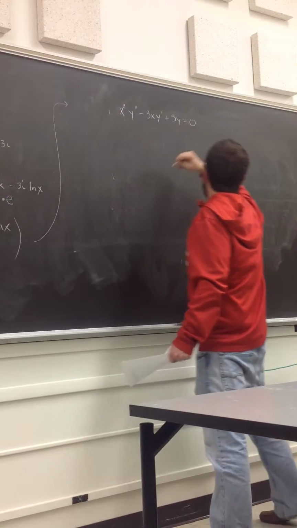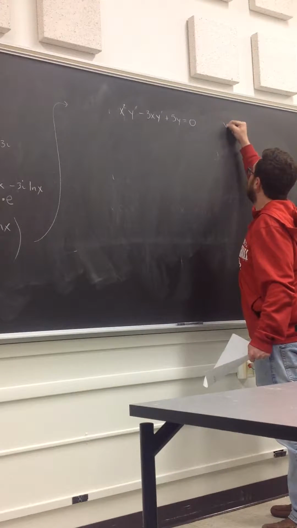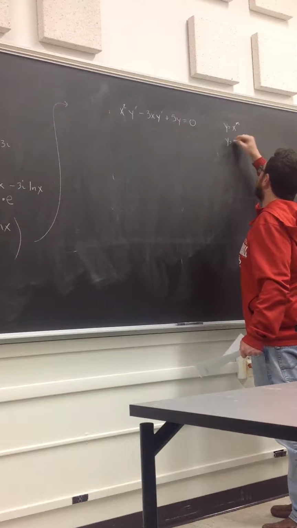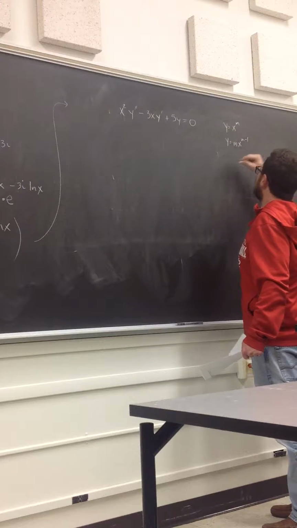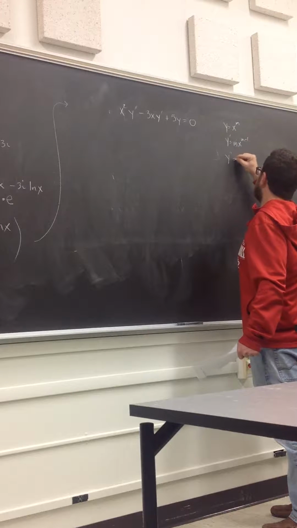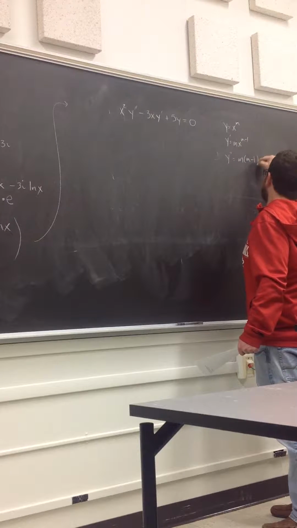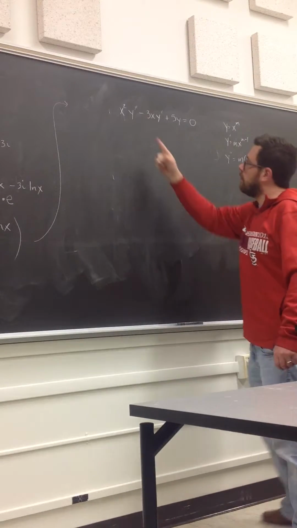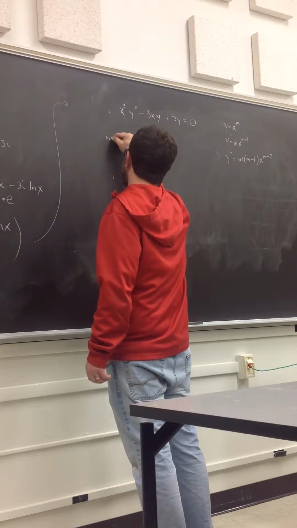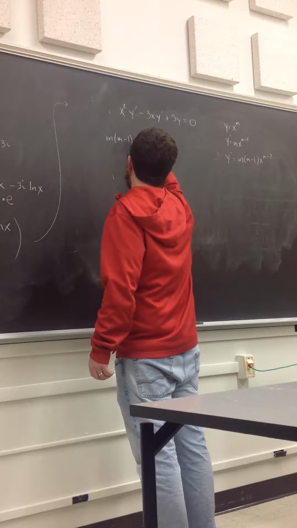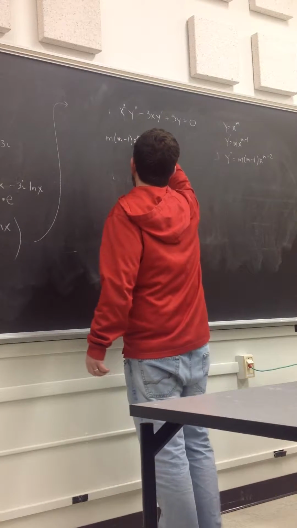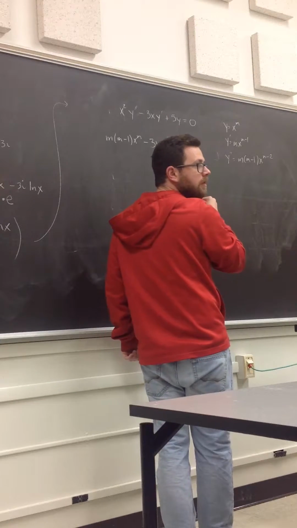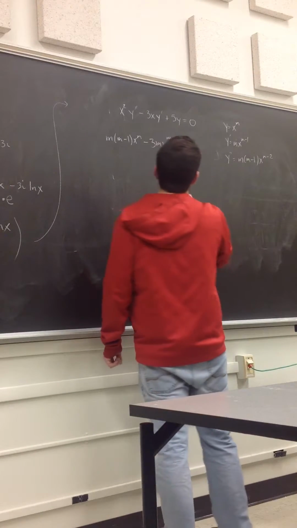Okay, so always the same type of substitution. The first term is m minus 1, x to the n. Second term, minus 3m x to the n.